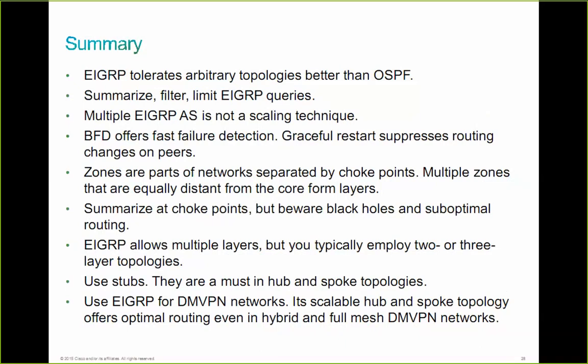Would you hit throughput issues at your hub well before that 600 limit? Most likely. It does really depend on your traffic patterns and your traffic flows and the speed of the links.